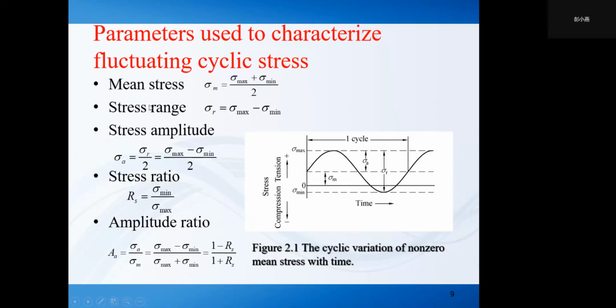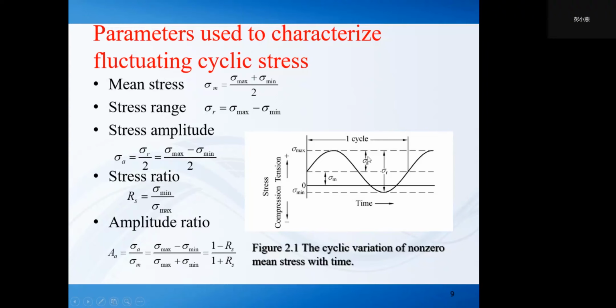We also have a stress range. It's the maximum stress minus the minimum stress. And the stress amplitude is half of the stress range. The stress ratio is the ratio of minimum stress to the maximum stress.